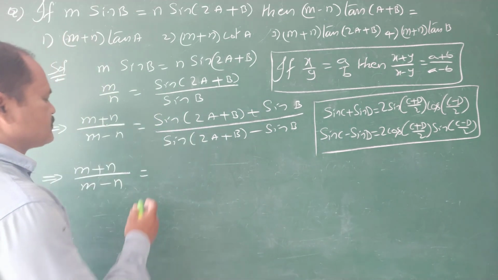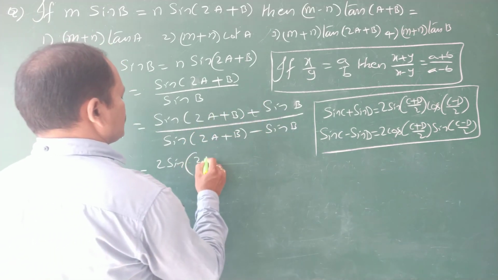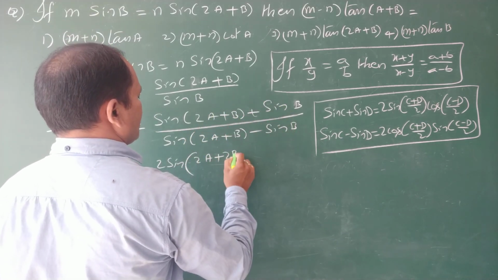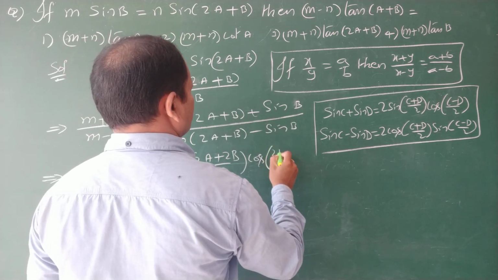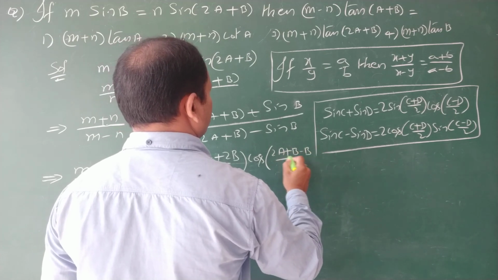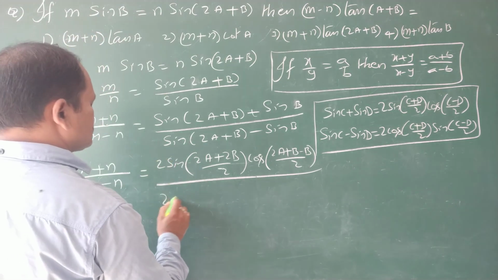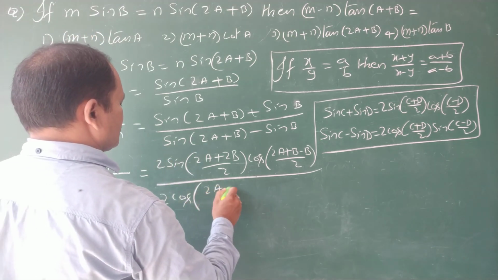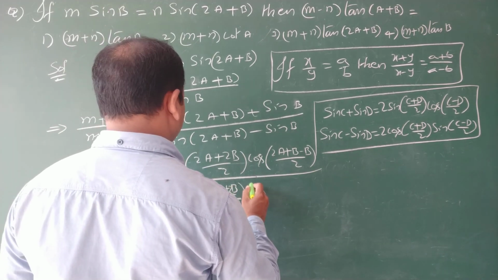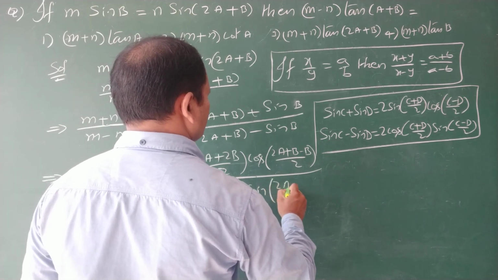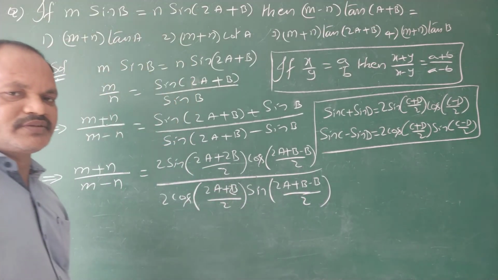According to these forms, in the numerator it is 2 sin((2a plus b plus b) by 2) cos((2a plus b minus b) by 2), and in the denominator 2 cos((2a plus 2b) by 2) sin((2a plus b minus b) by 2). Now we have to simplify this.